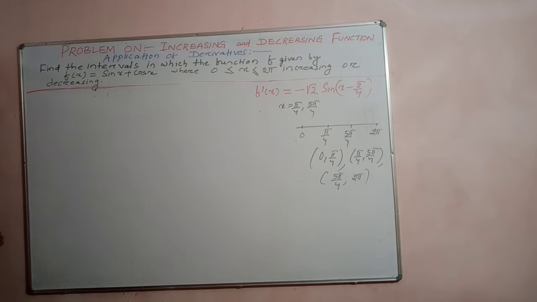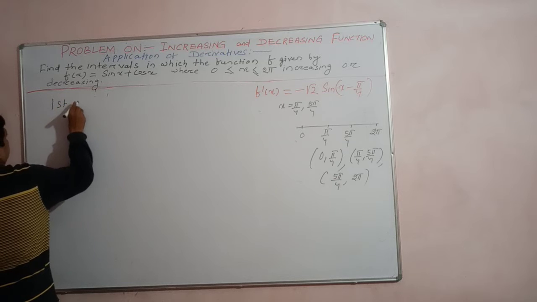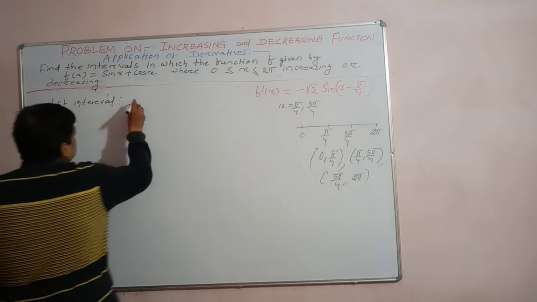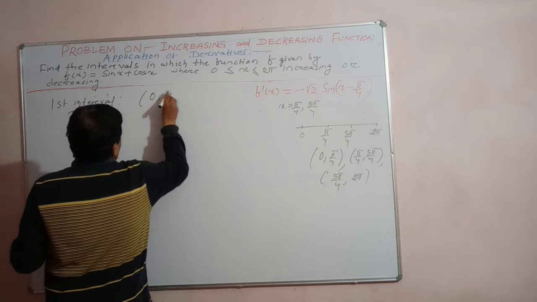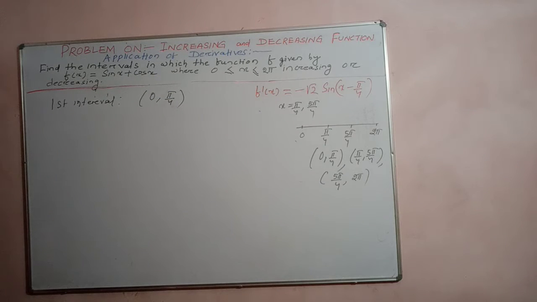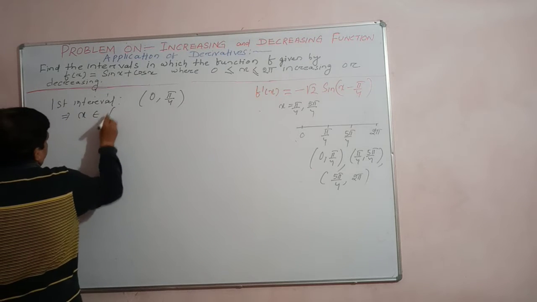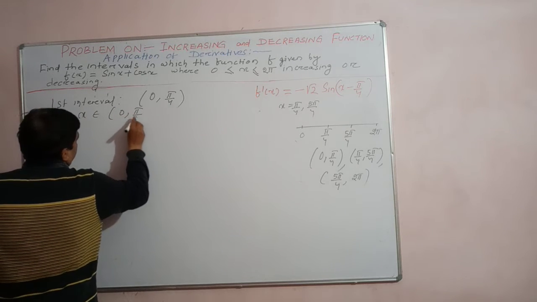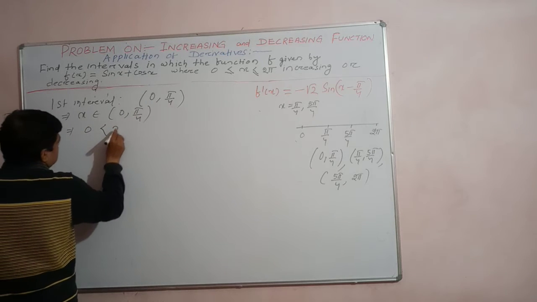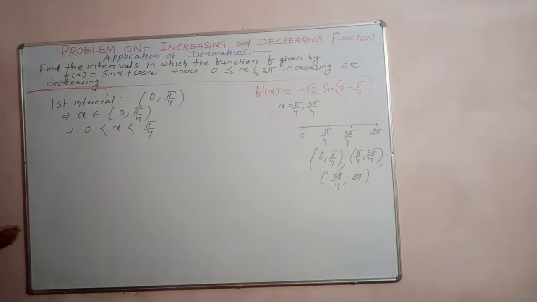In the first interval, 0 to pi upon 4, that implies x belongs to 0 to pi upon 4, that is 0 is less than x is less than pi upon 4. Its x value lies between 0 and pi by 4.